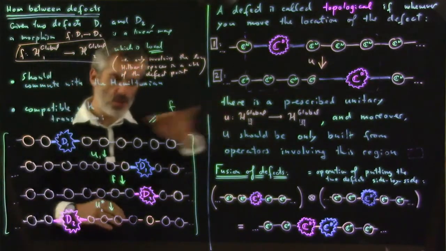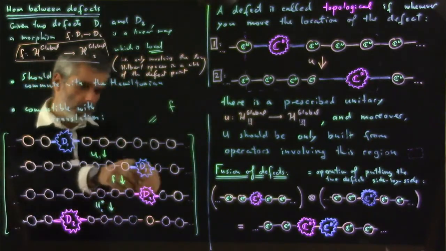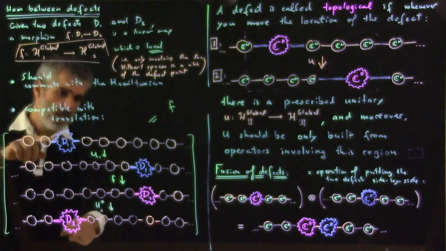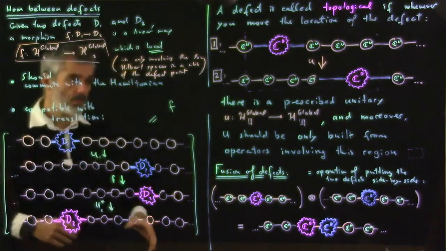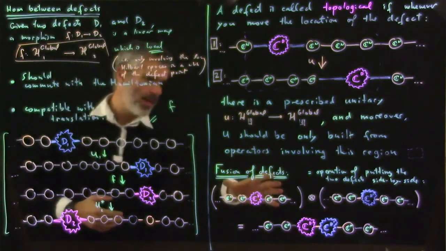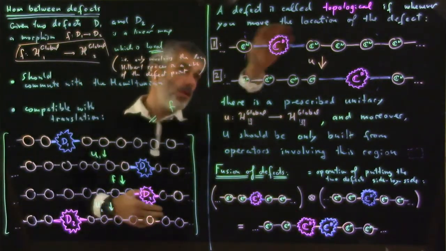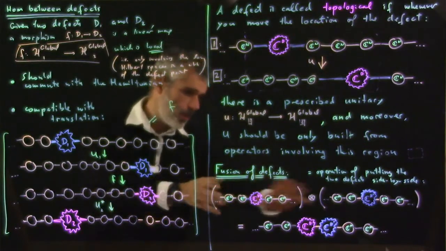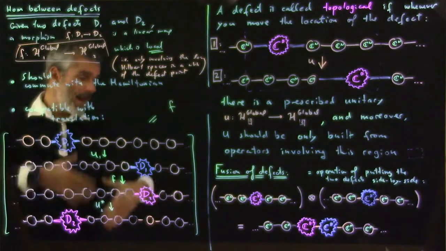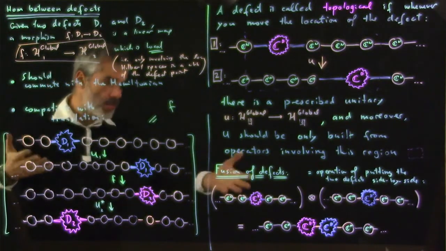Remember, a spin chain is translation invariant, and so whatever I do here, I could also do it here, and the requirement is that this composite is equal to F. And so these two operations taken together, namely the ability of fusing topological defects and the existence of homs between them, makes that into a tensor category.